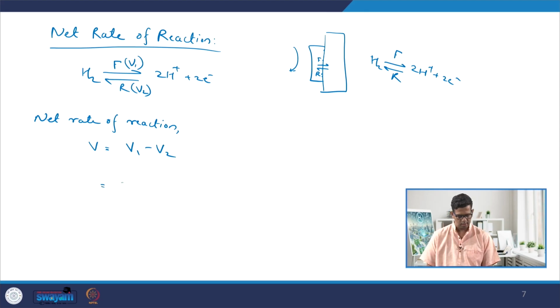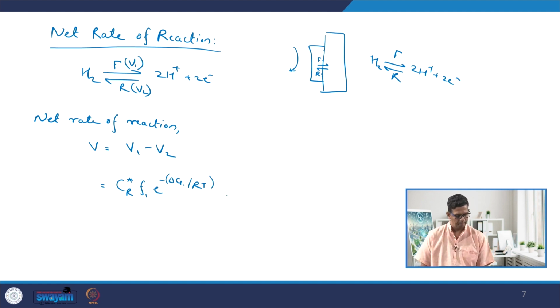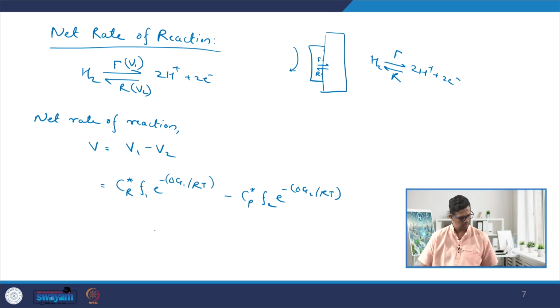So, let us substitute: this is Cr star F1 e to the power minus delta G1 by RT. Please remember, the entire term is in the superscript. Minus Cp star F2 e to the power minus delta G2 by RT. If you recall our previous diagram, wherein we related delta G1 and delta G2, we can write that here.